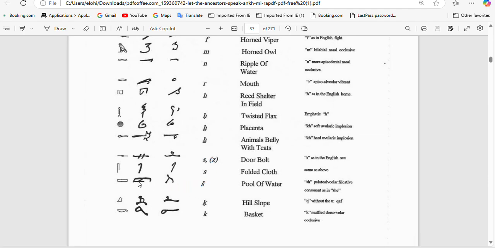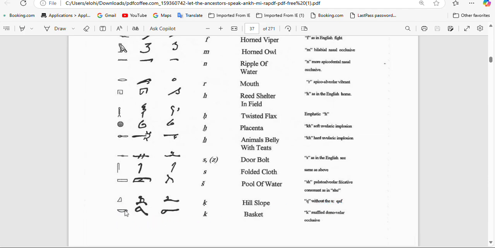Then we have a pool of water, which is sh, as in she. Then you have a K in the scripts. It's a hill slope. It's pronounced Q as in quaff.